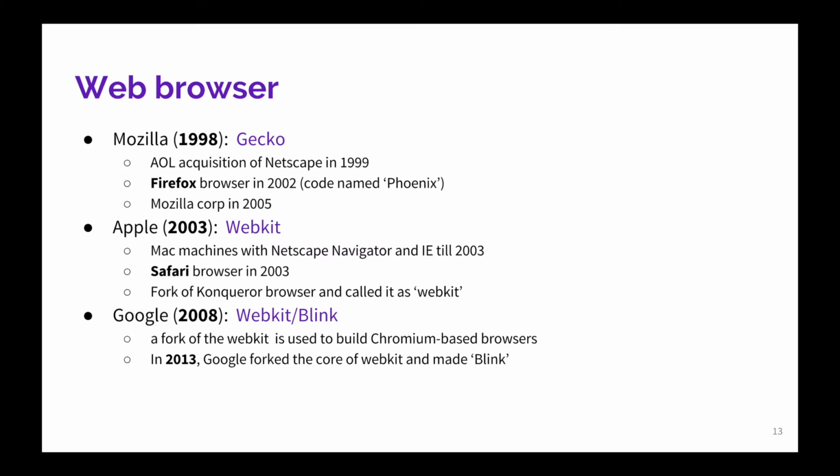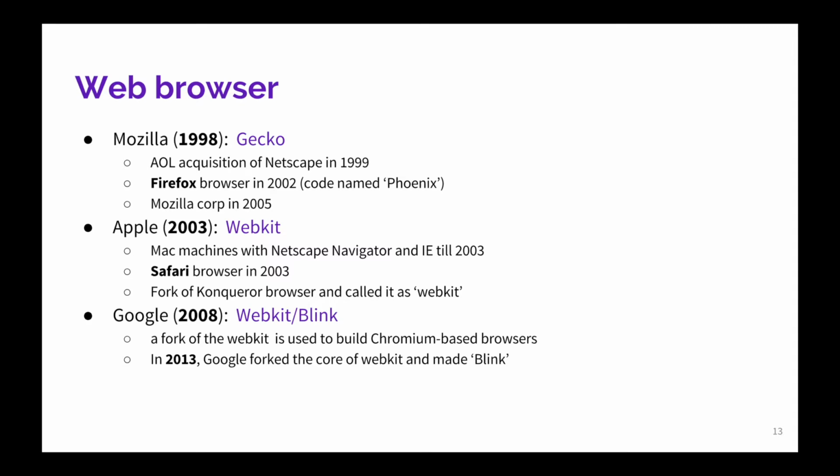So in 2003, Steve Jobs was bringing in this browser called Safari. And if you look at what Safari is, Safari was actually a fork of the Konqueror browser, and Apple called it WebKit. Okay. Then in 2008, one more big company called Google was looking at it, and they wanted to build their own browser.